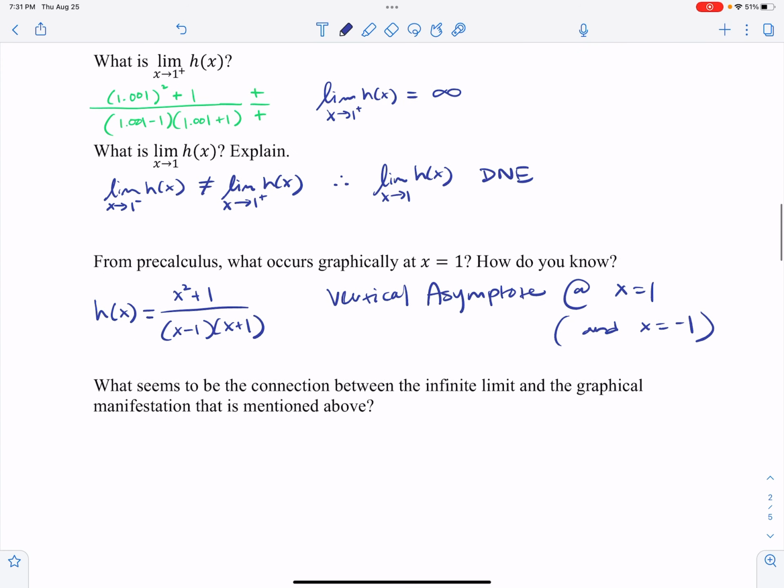So what seems to be the connection between the infinite limit and the graphical manifestation that is mentioned above, the vertical asymptote? It seems that when there's an infinite limit, that means that there's going to be a vertical asymptote at whatever c is.